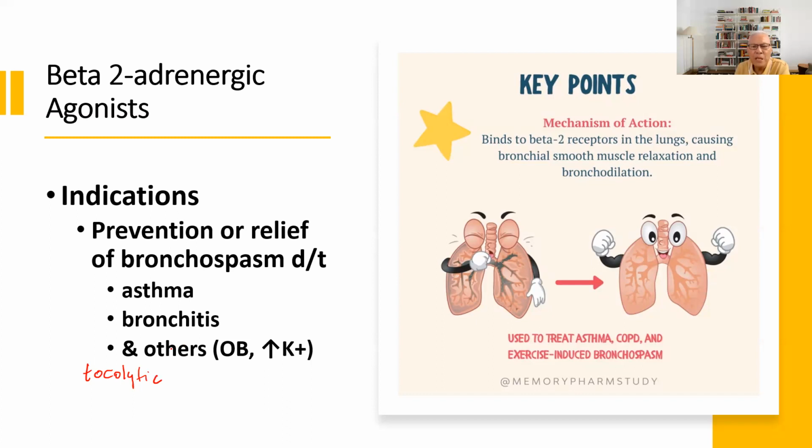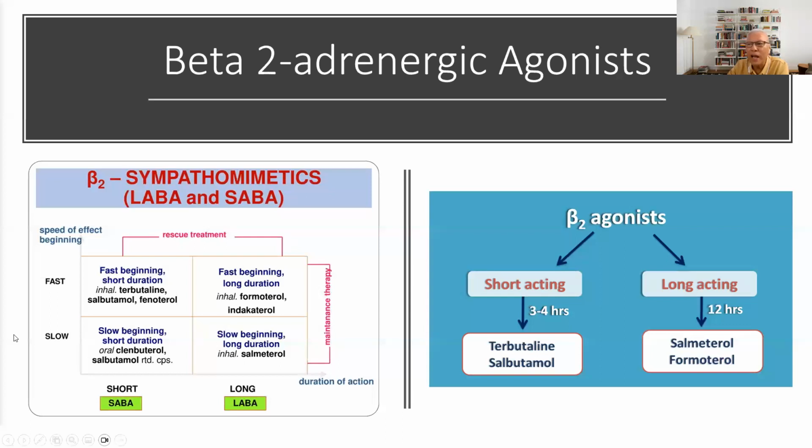And what this means is that it's going to delay contractions. And the other use is to manage patients with hyperkalemia. The reason is beta agonists will drive potassium into the cell and therefore will relieve hyperkalemia temporarily. Okay, so that is how the indications are as far as beta agonists are concerned.